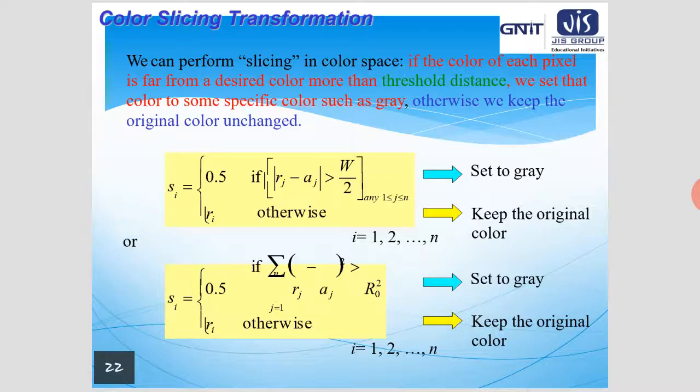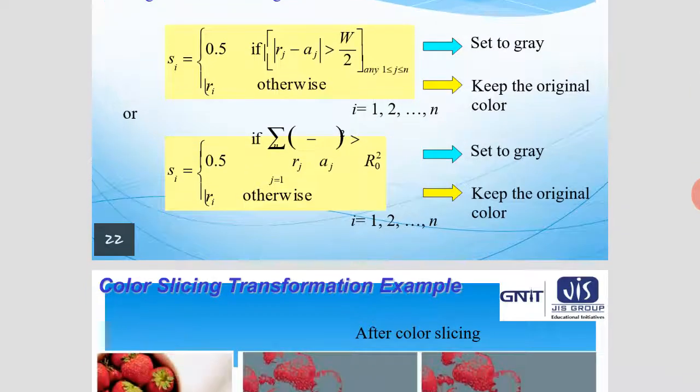The value may be either 0.5 or R_i. For the first case we set it to the gray value, and for the second case we keep the original color. So the formula decides whether the value will be set to gray or keep the original color. This is the color slicing transformation.